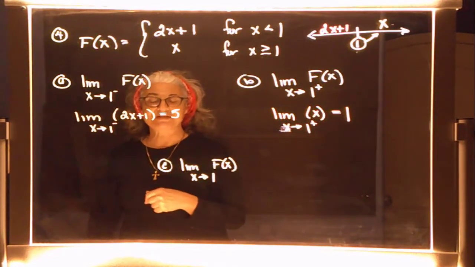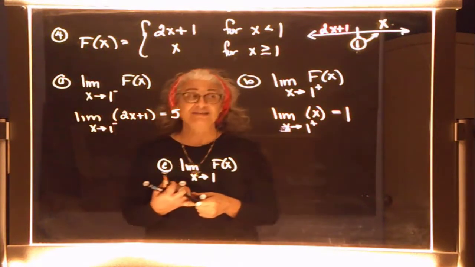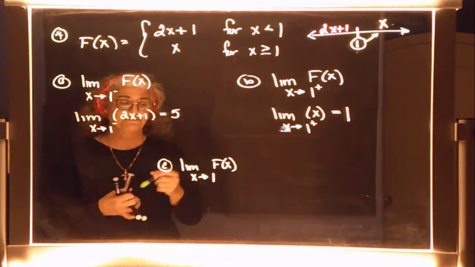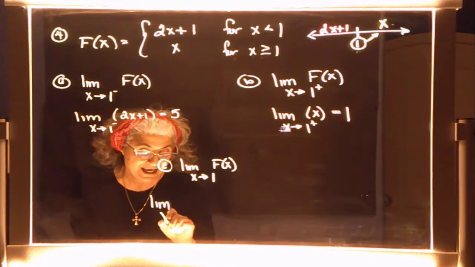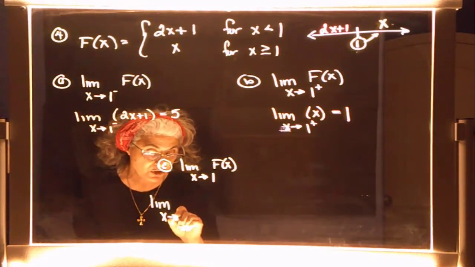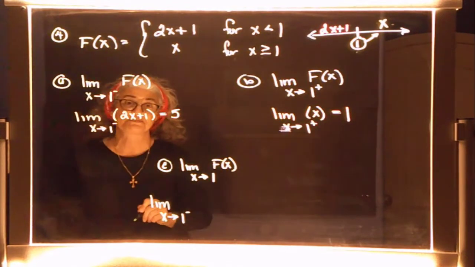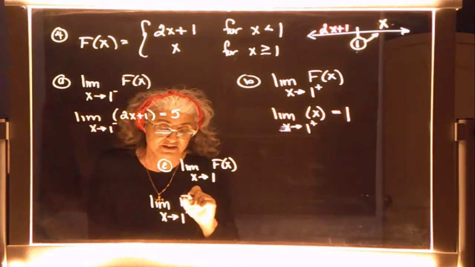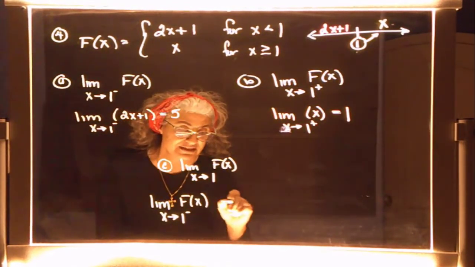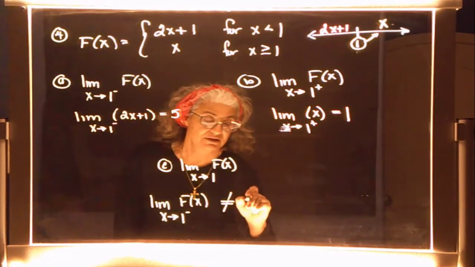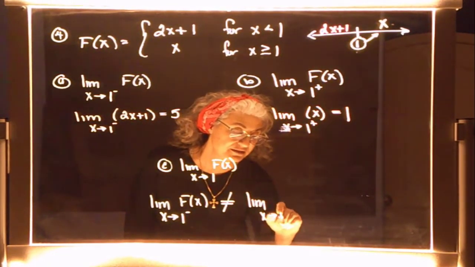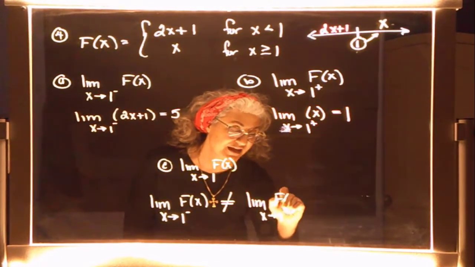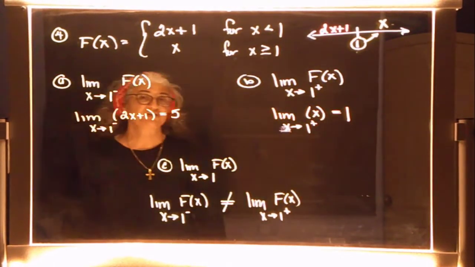But here's what I'm seeing. The limit as x approaches 1 from the left of this function does not equal the limit as x approaches 1 from the right of that function. They're not equal.